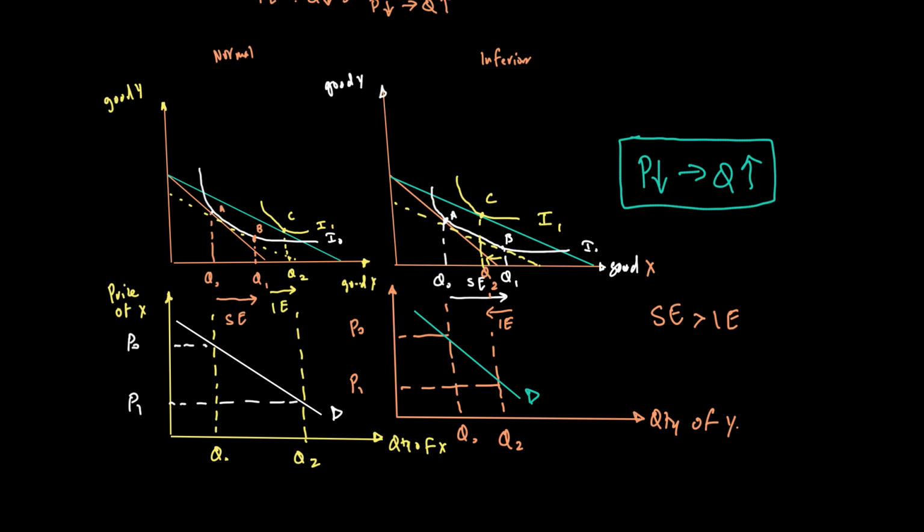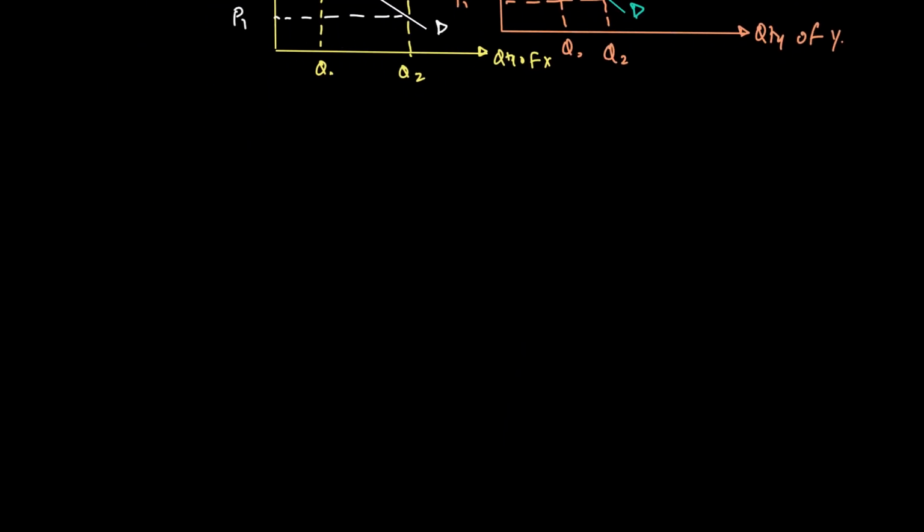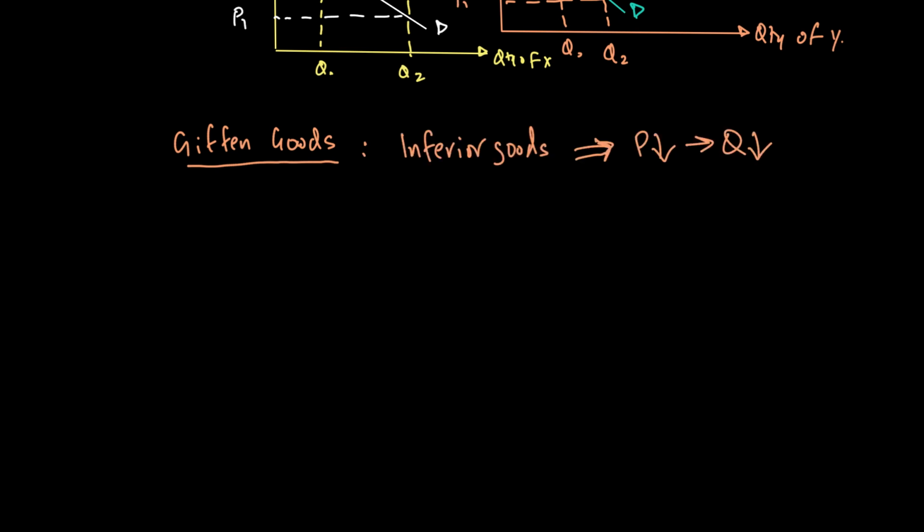Now the question is asking us about different kinds of goods, and therefore one good that I did not mention so far is what we call Giffen good. Giffen goods, I said, are a special kind of inferior goods, and these are the goods where you will see the substitution effect still saying buy more of the good when the price goes down, but income effect will say buy less of the good.